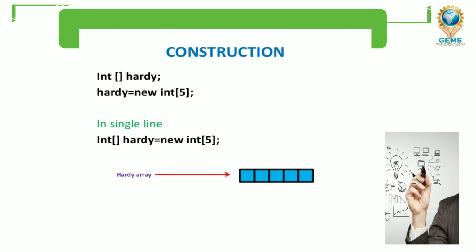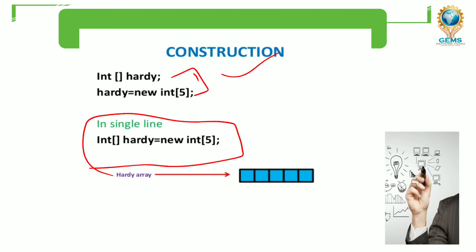Here one more line is given. If you want to combine these two lines, array declaration and size fixing, into one line, how can you write it? This is the way we have to write.